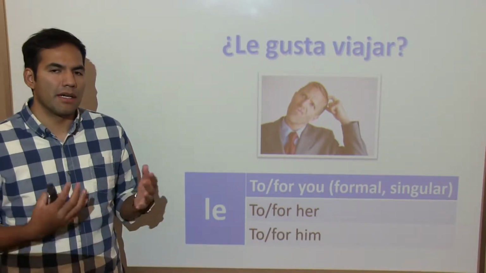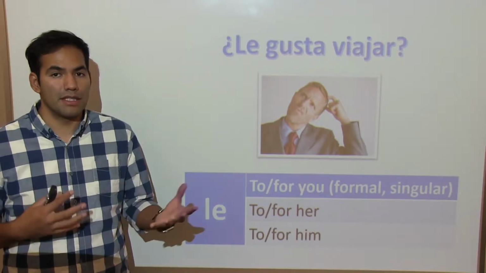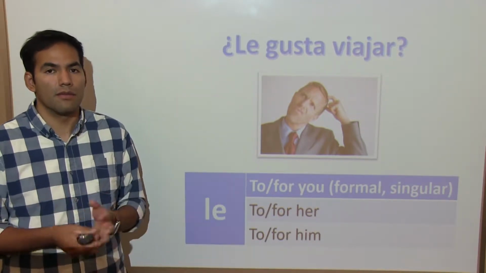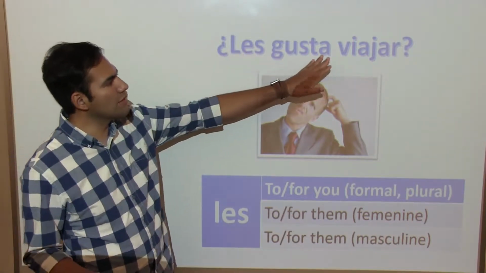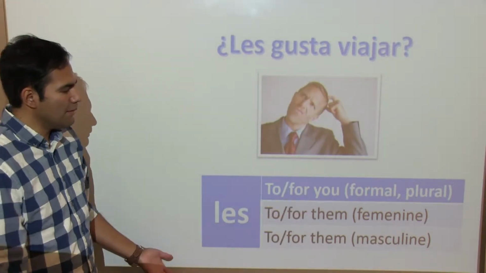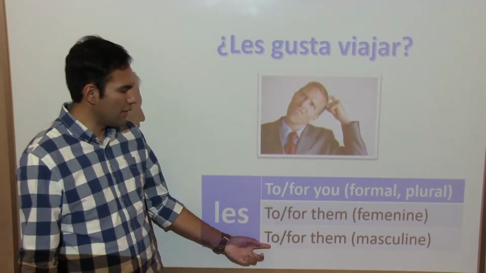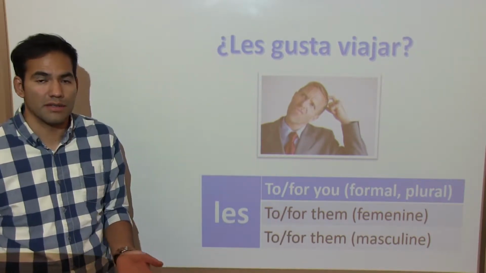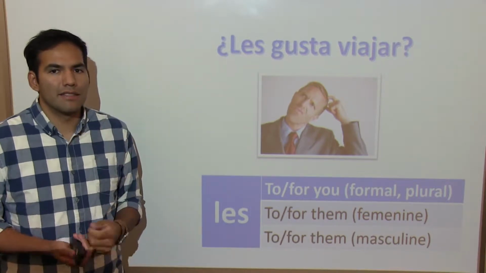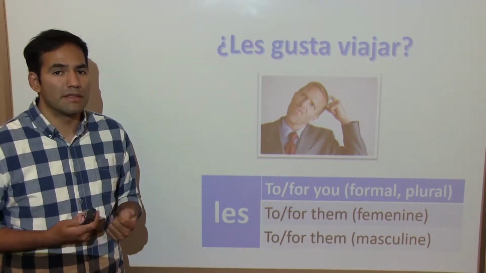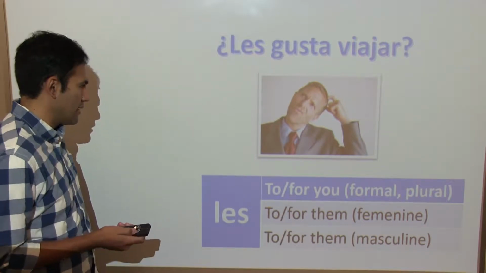Are you talking about a she or a he or an it, or what's happening? The same with the plural, les gusta viajar. So we might be wondering which one of these is the person referring to. So it's kind of a difficult guess, right? So you kind of want to get more specific details about that.